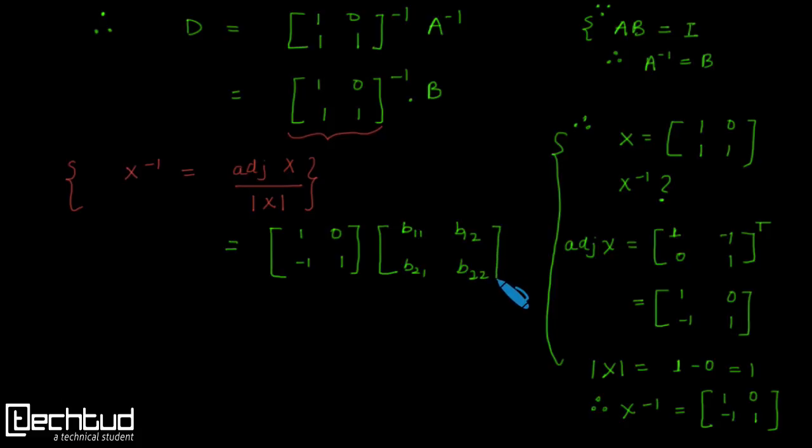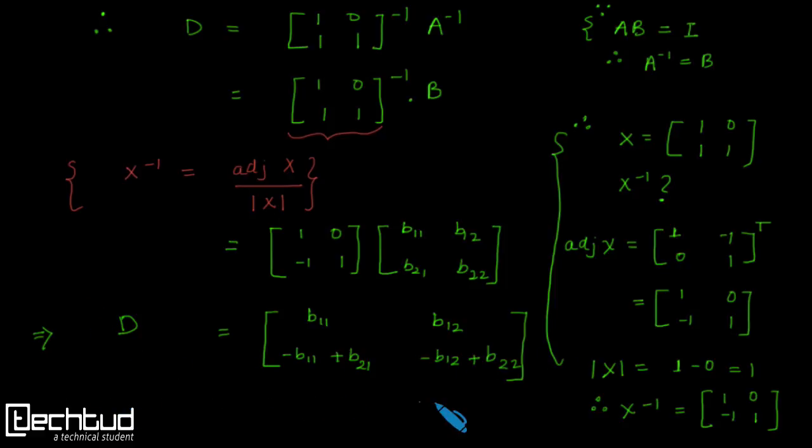Now when we multiply these two matrices together, we get the final matrix. Therefore, D is expressed in terms of matrix B. Therefore, this is the final answer.